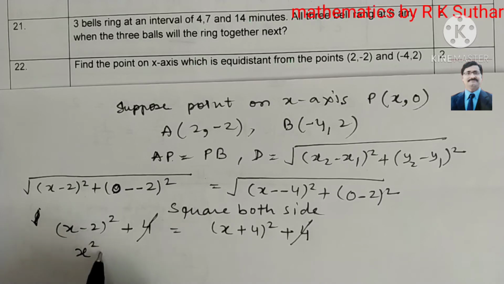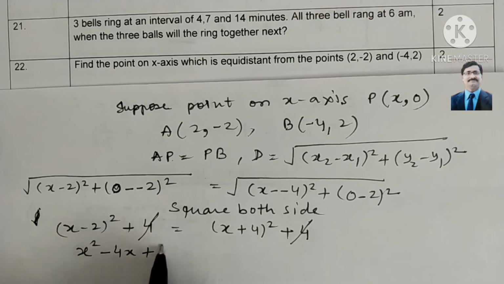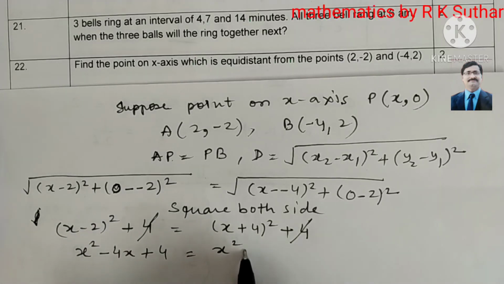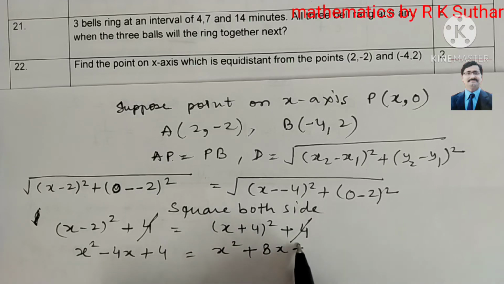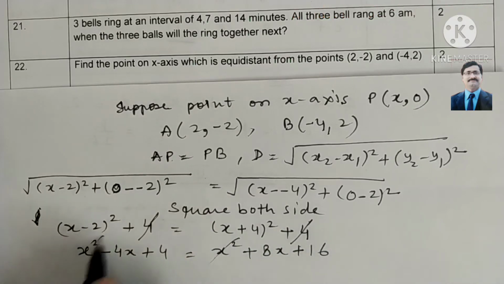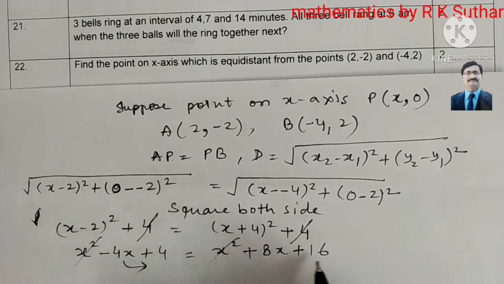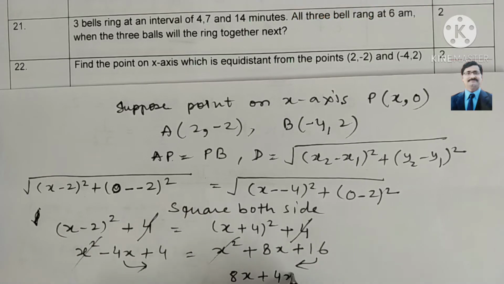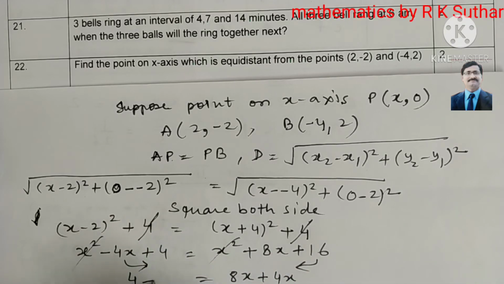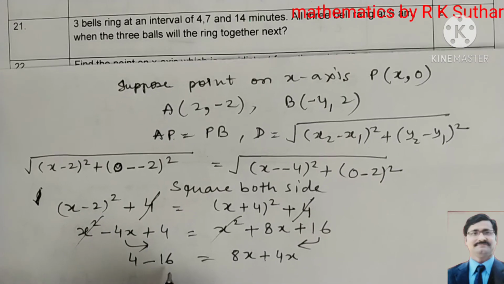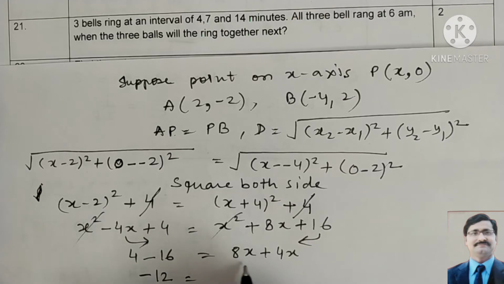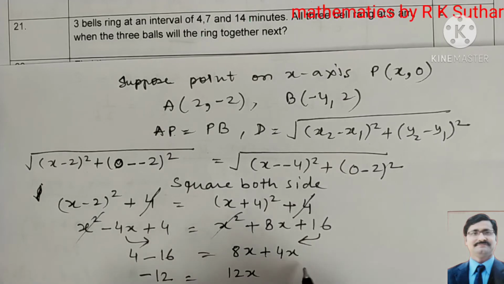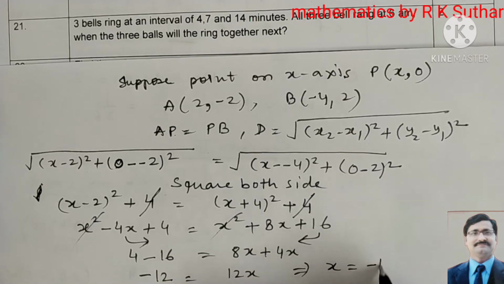We get x square minus 4x plus 4, and here we get x square minus 8x plus 16. X square will cancel, this 4x we transfer, 16 we transfer, so 8x minus 4x we get, and 4 minus 16 is minus 12, and here we get 12x. So we get here x equal to minus 1.